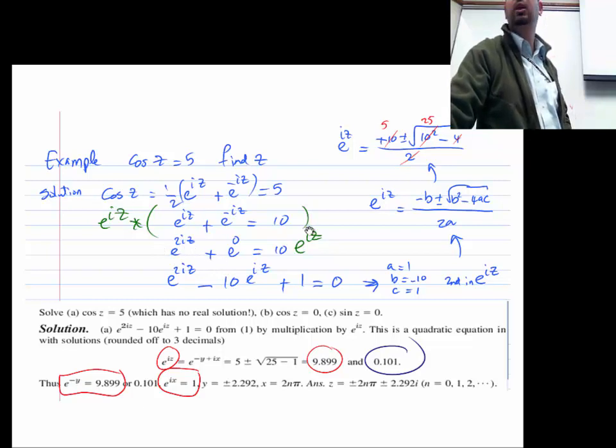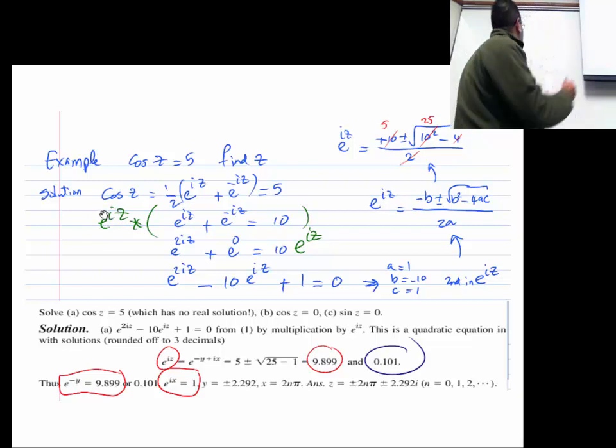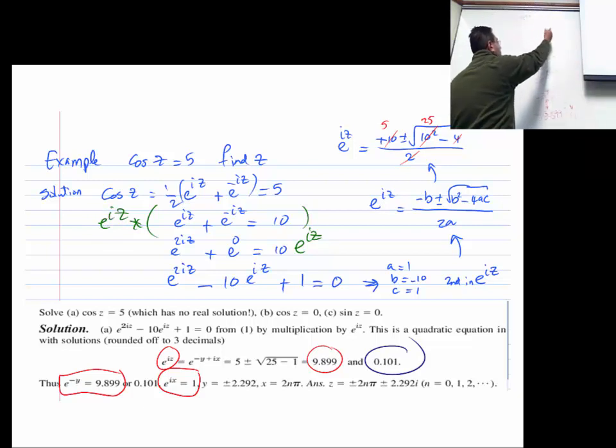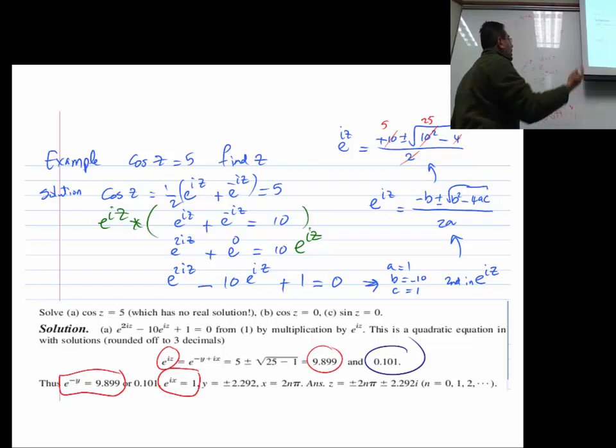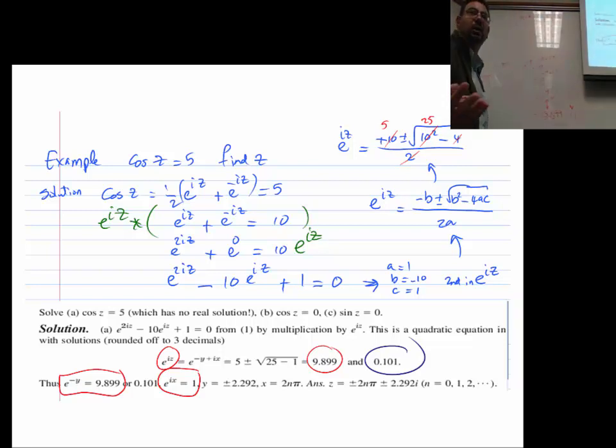So we multiply the whole equation, left hand side and right hand side, by this e to the power iz, the unknown that we are after. This is as if we have an equation saying x plus 1 over x equal 10. So you are saying, I want to make it second order, let me just multiply by x. What you will get is x squared plus 1 equal 10x.